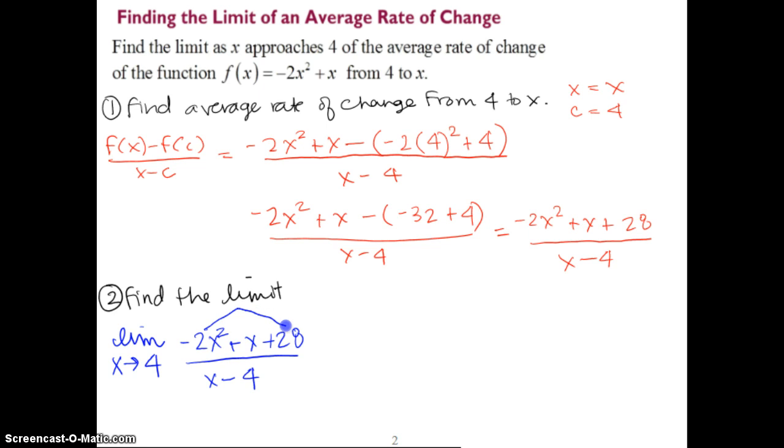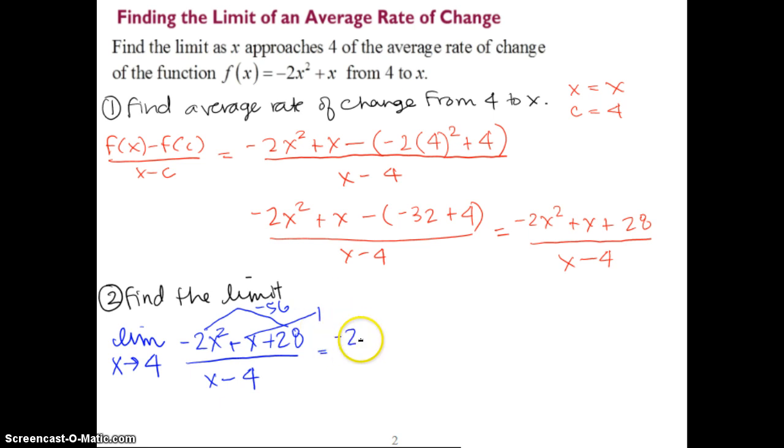So to factor this by splitting the middle, you're looking for two numbers that multiply to be negative 2 times 28, which is negative 56, and add to be positive 1. Those two numbers would be negative 7 and positive 8.